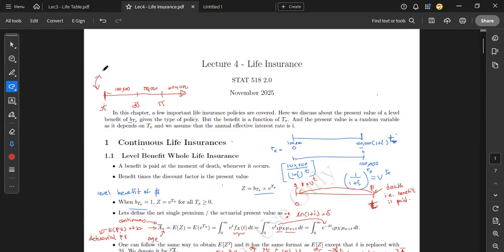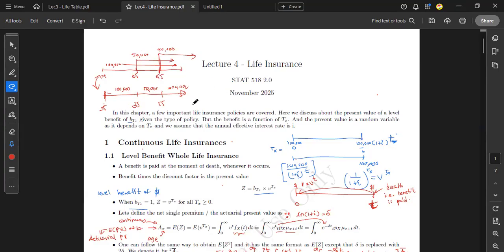So this scheme is the same as you are having a level benefit of 100,000 from 25 onwards, having another level benefit of 50,000 starting from age 35 and onwards, and starting another insurance at age 55 with a level benefit of 50,000 from 55 onwards.